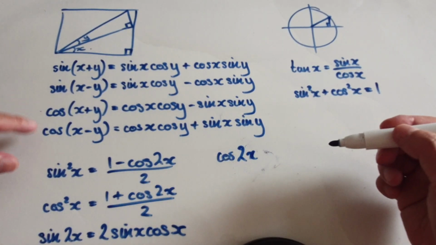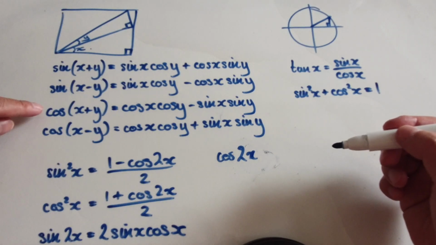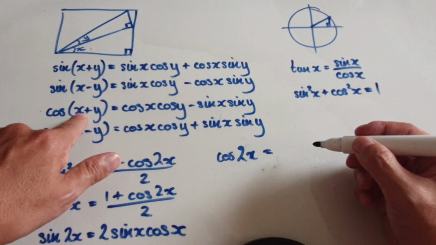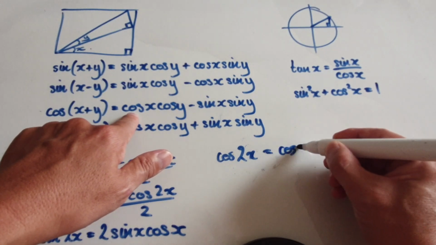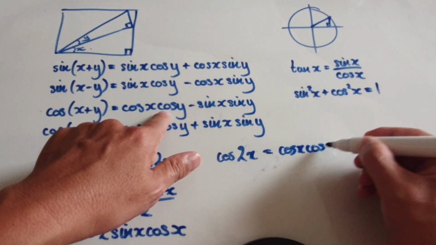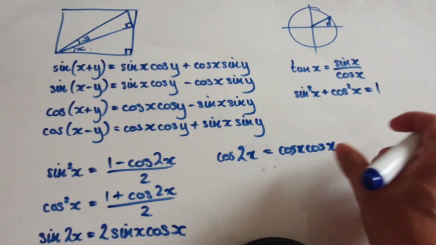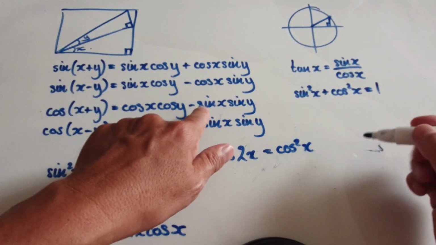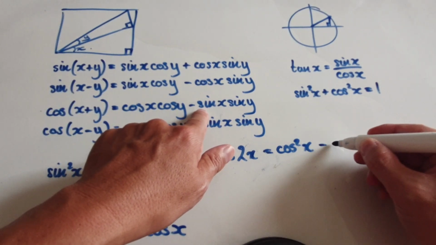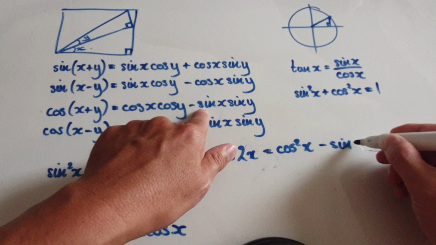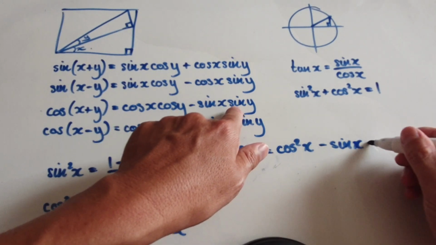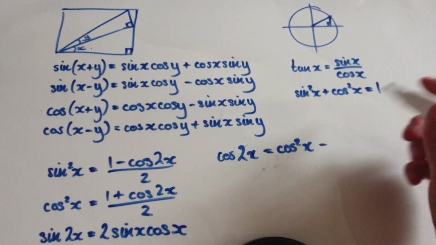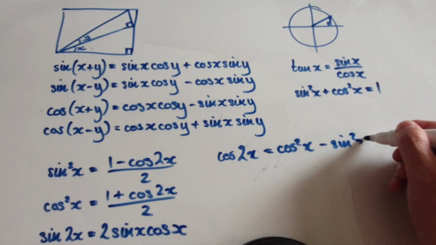So to get this, you would consider the combination of these two. Remember, these two are the same. So that would be cos x, and the other angle is also x, meaning cos squared of x. And then this one here would be minus sine x, and then sine x again. That is sine squared of x.